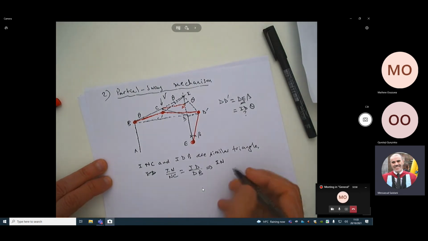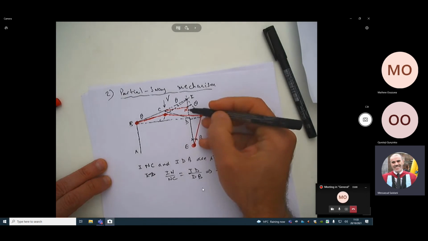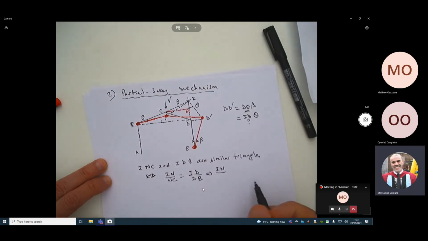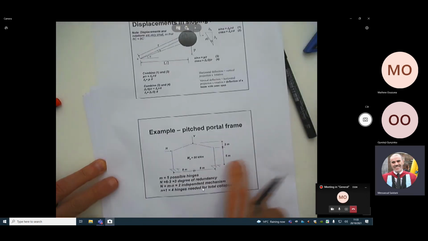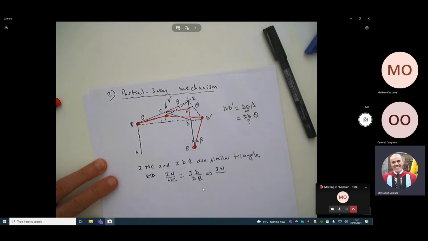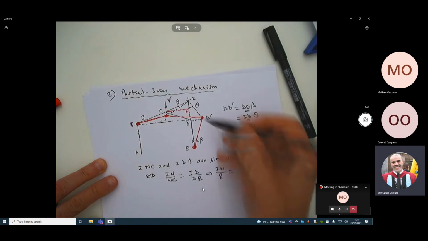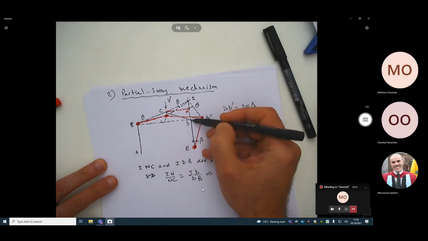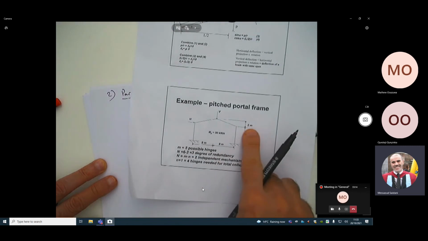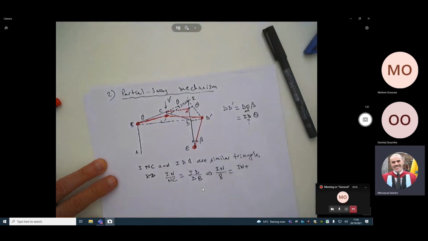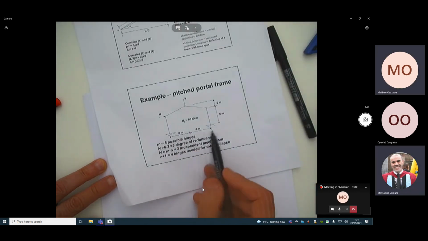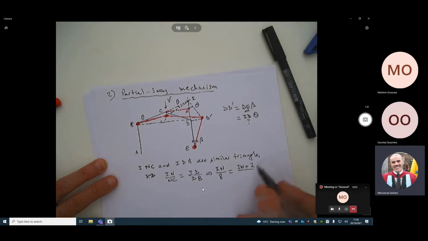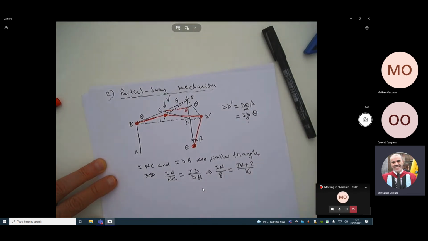IN we don't know. NC, do we know NC? 8. ID we don't know, but ID is IN plus 2, divided by DB. What is DB? 16. So I have one unknown, IN.